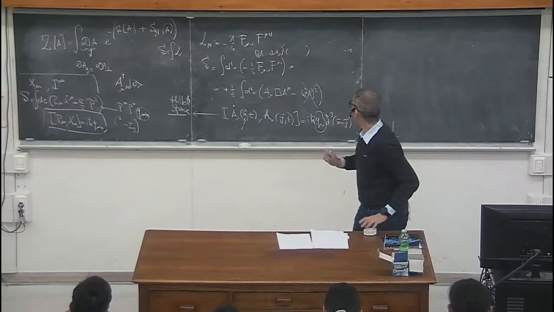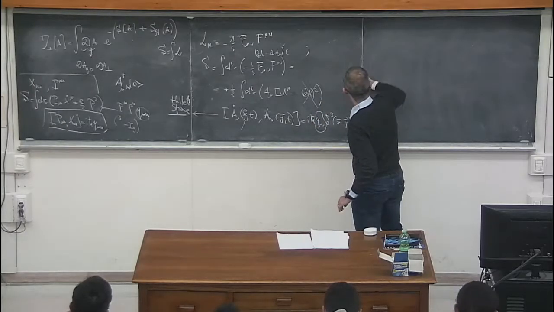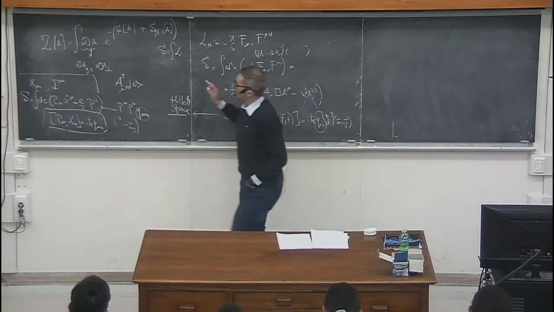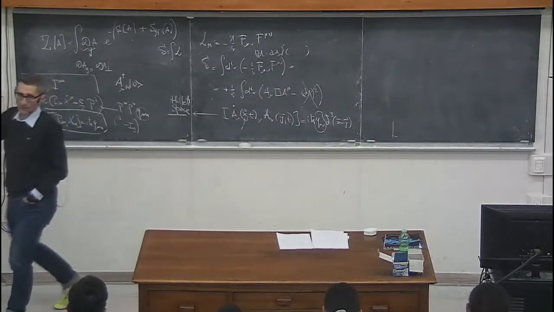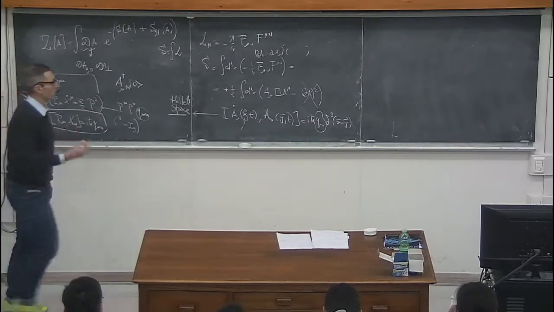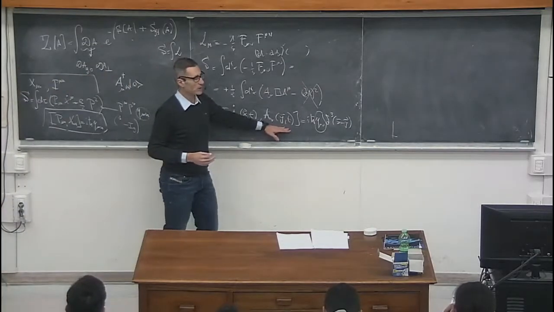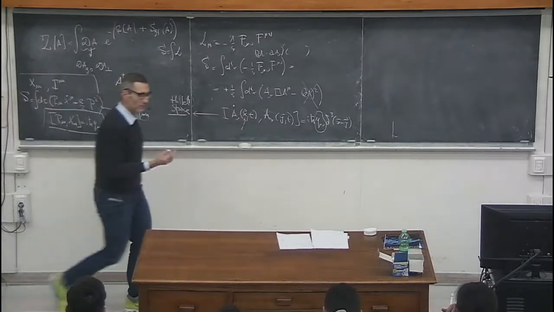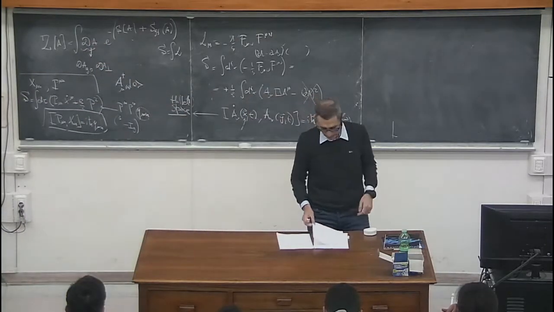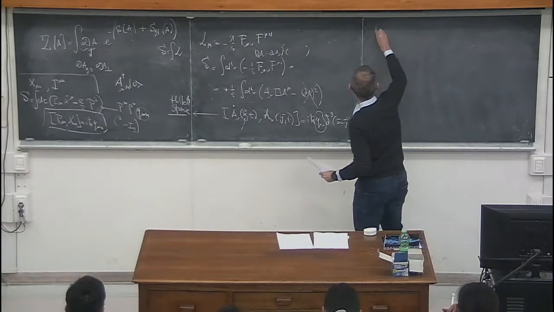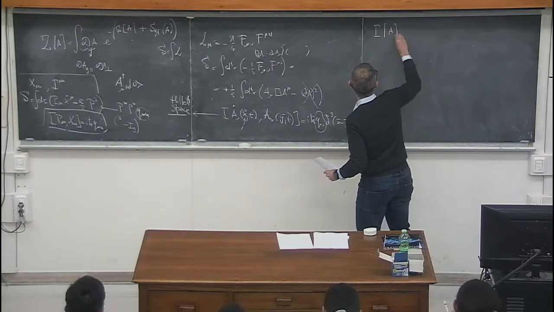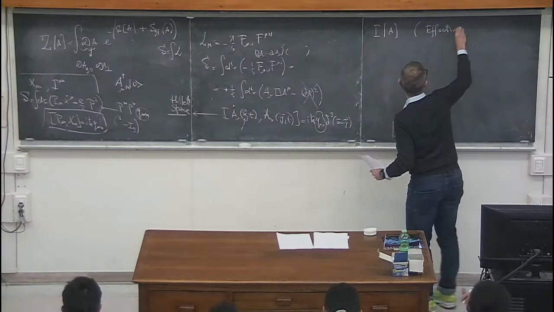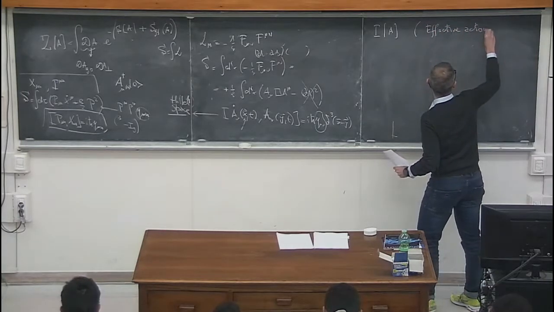Before going on, I want to show you one other ingredient. When you write down the things at the quantum level, of course there are different ways to work. You can work with commutation relations, you can work with path integrals. There is another way to do it, which is also very convenient, which is to work with what is known as gamma of mu, also called the effective action.